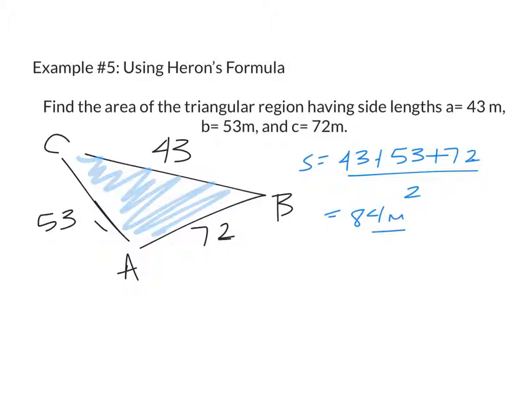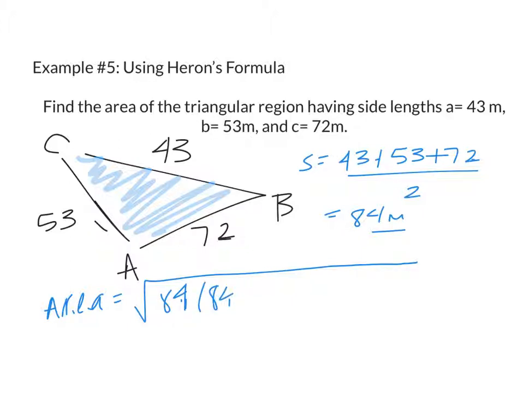Okay, so that's good. Now to find the area using the formula, we're going to use the square root of, and it's really long, 84 comes first. Then it is 84 minus 43, then 84 minus 53, then 84 minus 72.